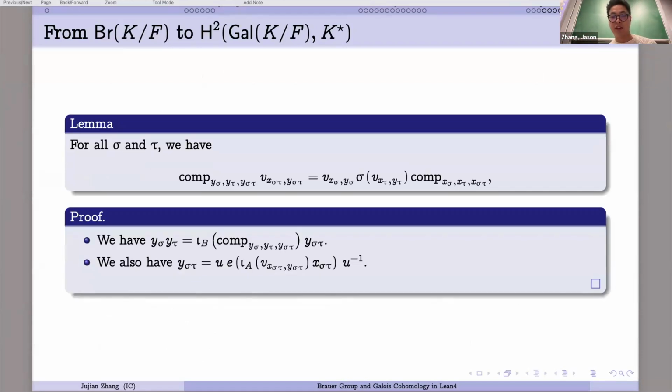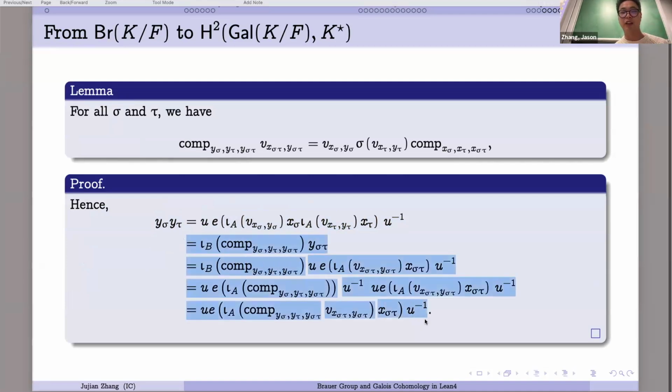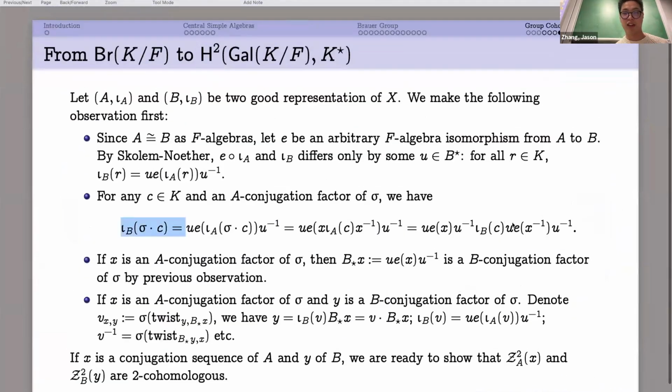And this is true basically because of how we define the conjugation factors and V. This is true because of the definition of the comparison coefficient. This is true because of how we define U. And this is true by the previous observations, and all the following equations are just combinations of the equations here and here.